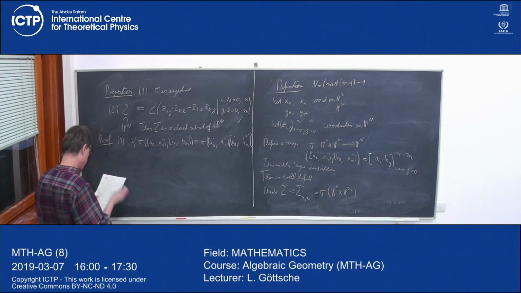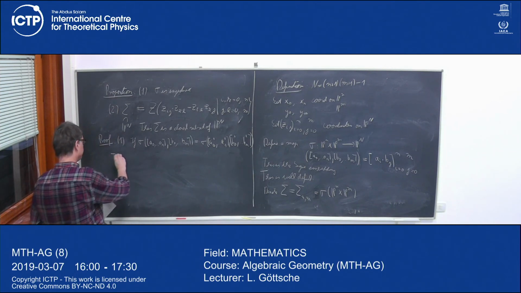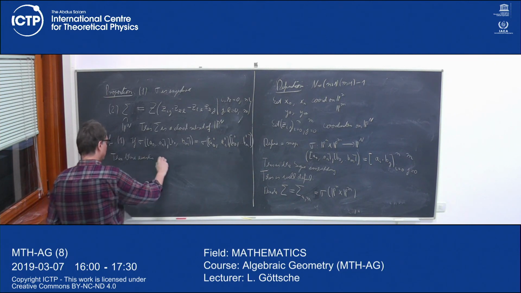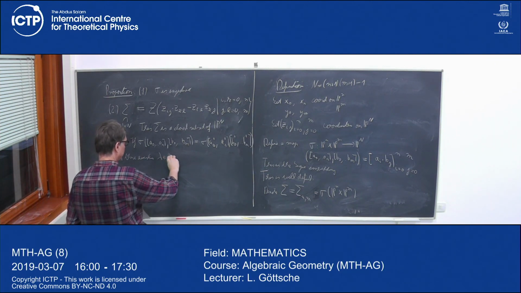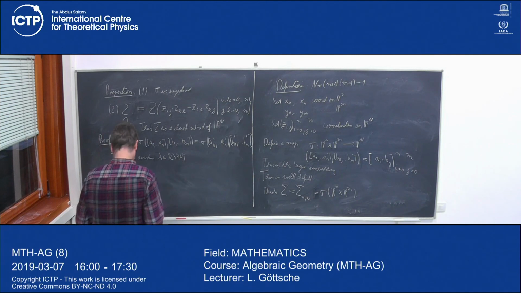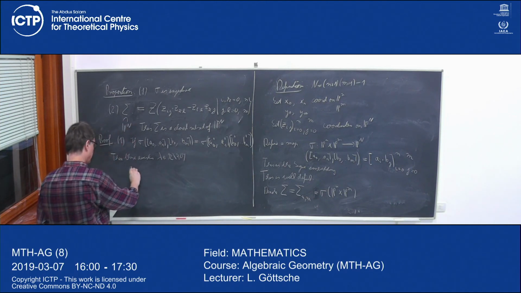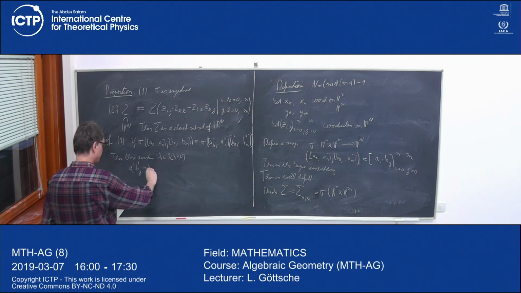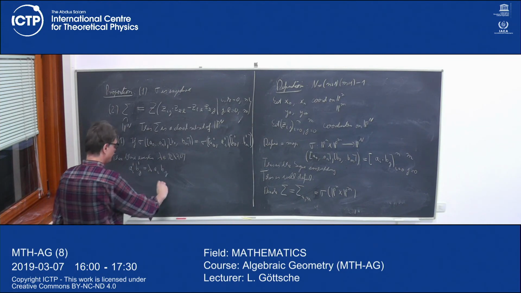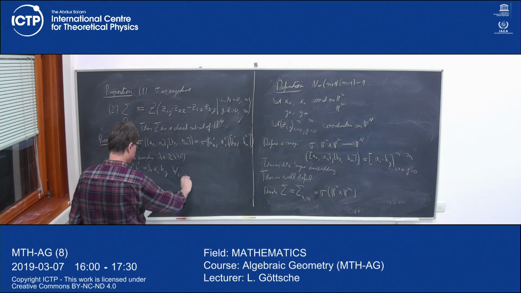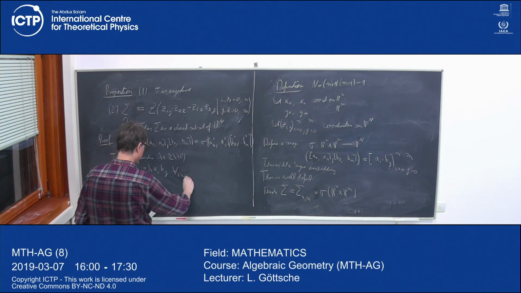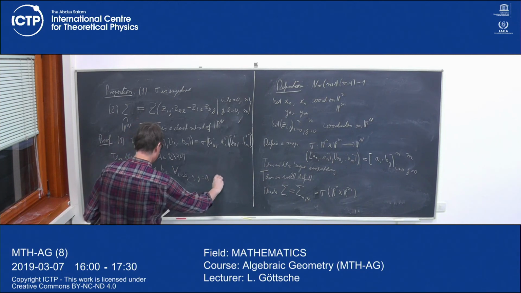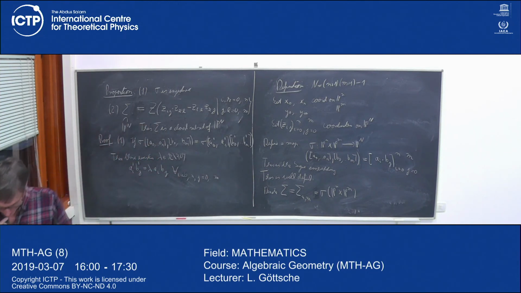So this means there exists an element lambda in K without 0 such that A_i' B_j' is equal to lambda A_i B_j for all i and j. So there's one lambda which does it for all.